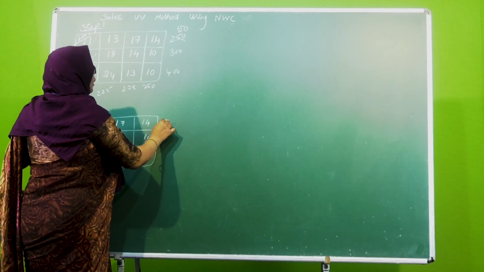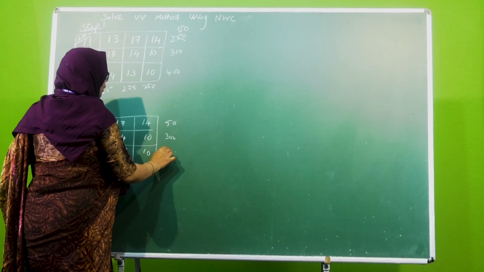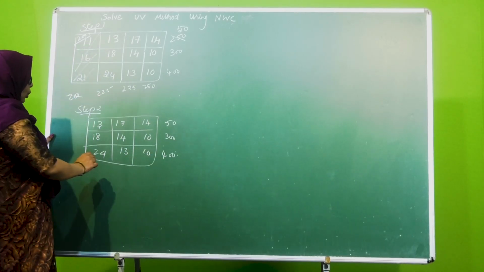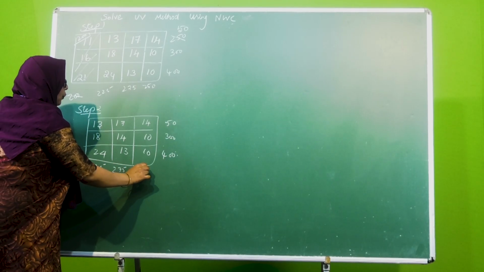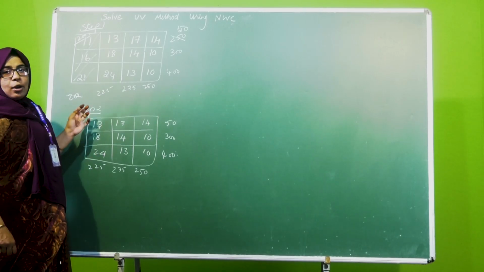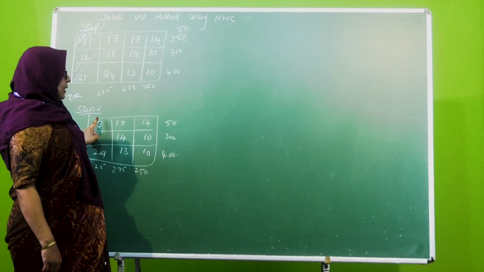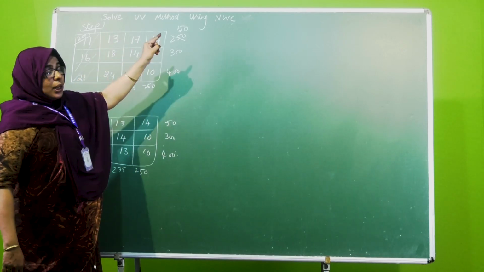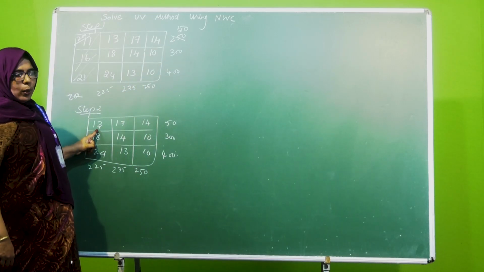The row elements are 50, 300 and 400, and the column elements are 225, 275, 250. 13 is the Northwest element, so we allocate to 13.